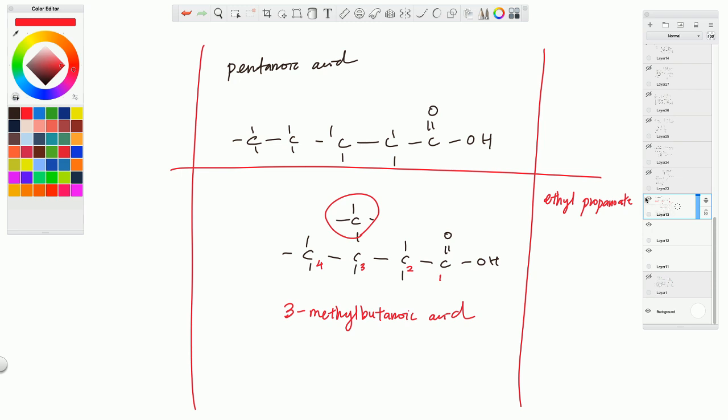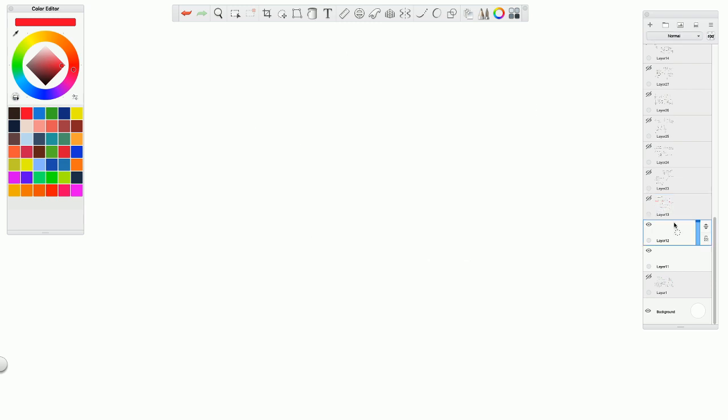Now, for example, they ask you to test for magnesium. They give you a solid to test. Or they don't tell you it's a solid.